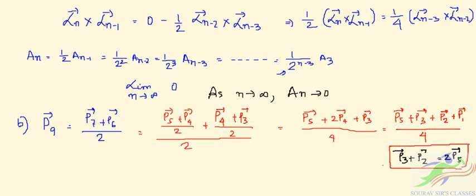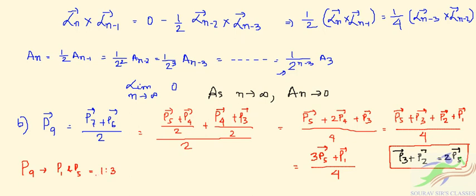So this can be written as 3 times P5 plus P1 divided by 4. Okay, so P9, from here you can see, divides P1 and P5 in the ratio of 1:3.